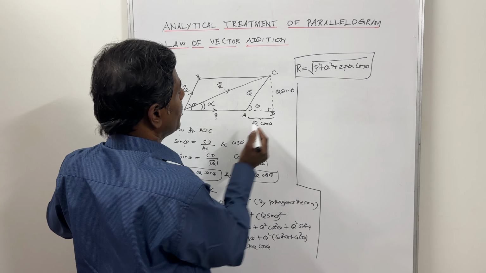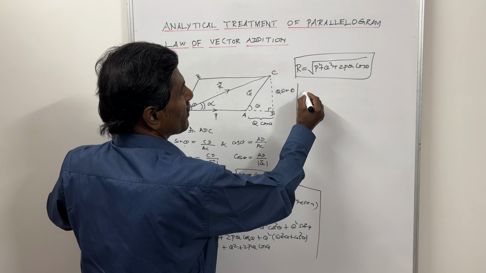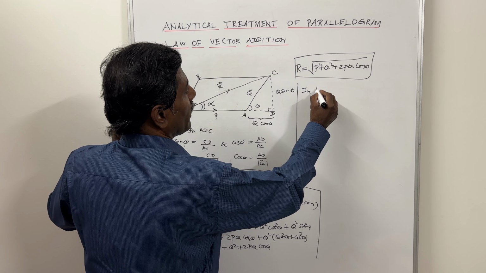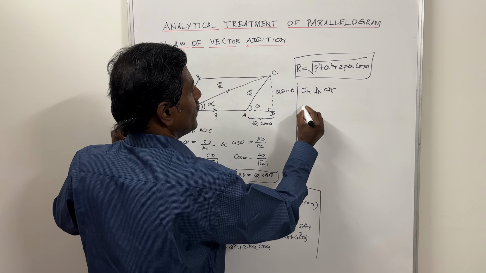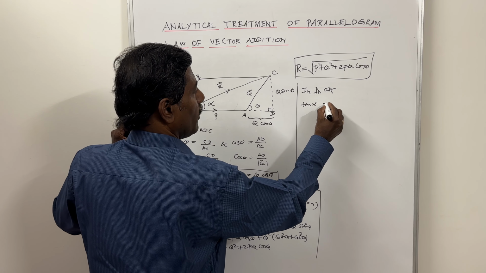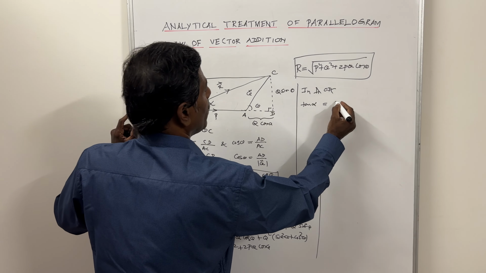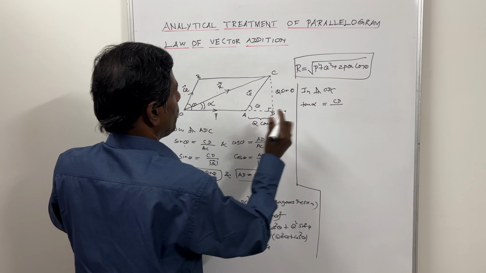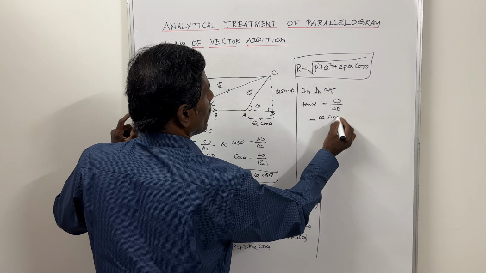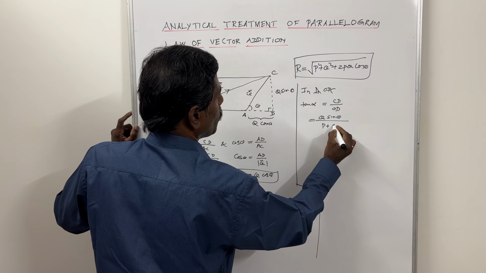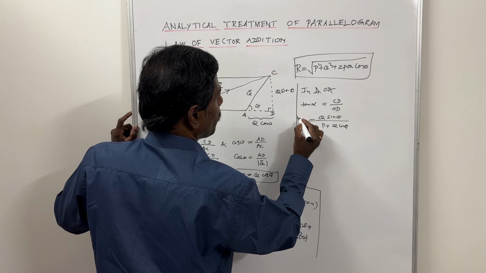Now we are going to discuss the resultant direction. In right angle triangle ODC, tan alpha is equal to opposite side CD by adjacent side OD. So here Q sin theta by P plus Q cos theta is tan alpha.